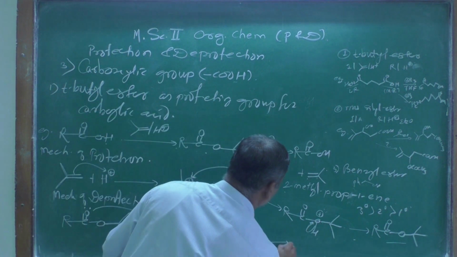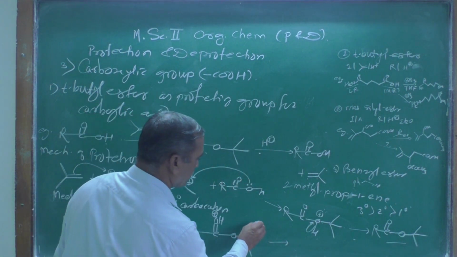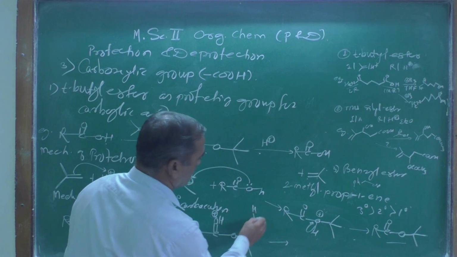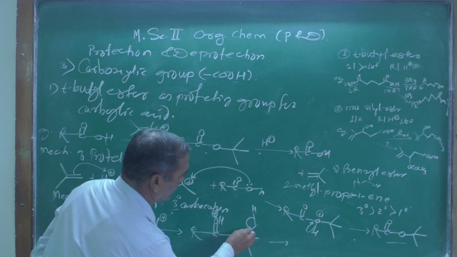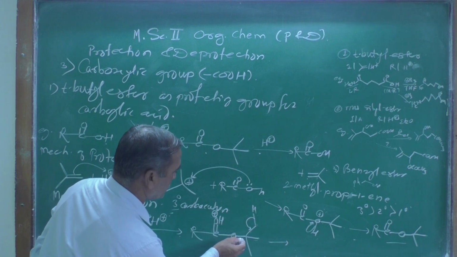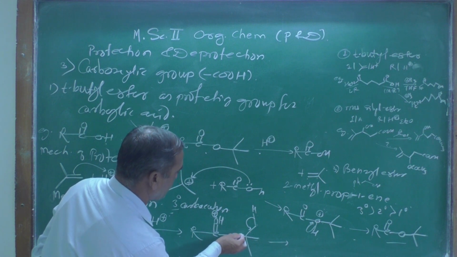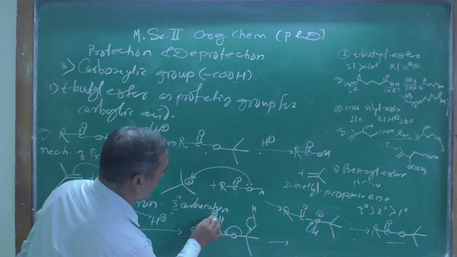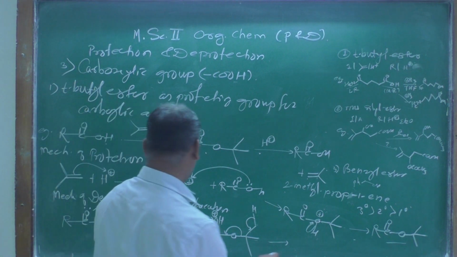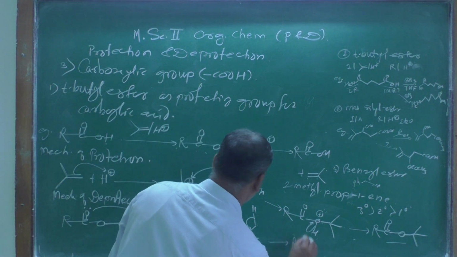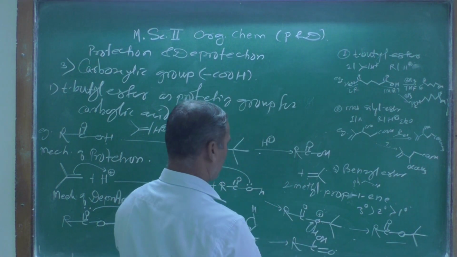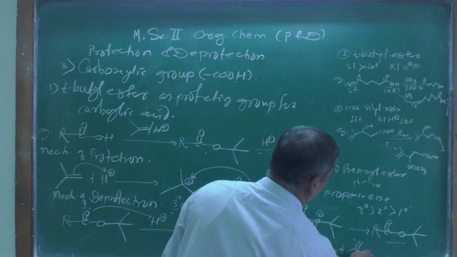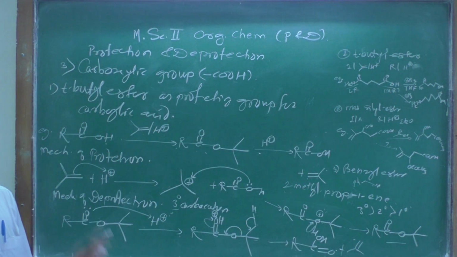And now one of the hydrogen atoms can be lost here, forming a double bond over there, and this bond is breaking, forming a double bond over here and neutralizing this, and you are going to get the product RCOOH, that is the acid back, and this isobutylene we are getting as it is here.